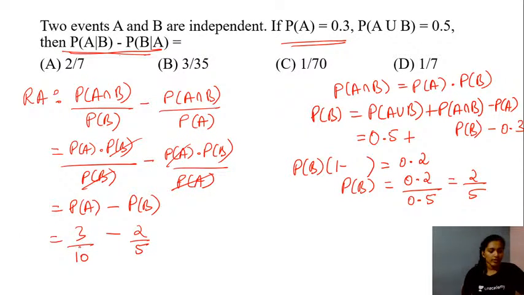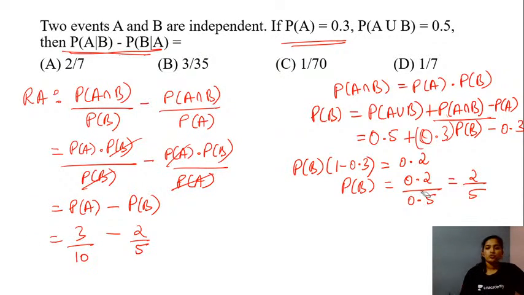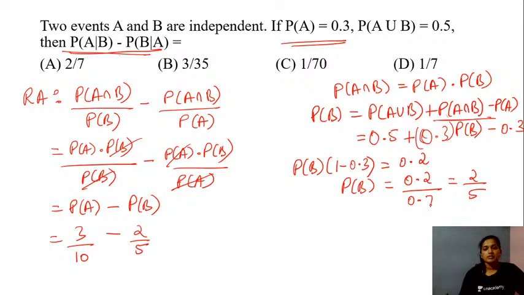So if you could see here, we are getting the ratio as 3 by 10 minus 2 by 5, which would be a negative value, and your probability cannot be negative, right? The small mistake here is in the probability of your A or B. While substituting, the probability of your event A was 0.3. Am I correct? Yes. So you would have this as 1 minus 0.3. So this would be 0.2 divided by 0.7.